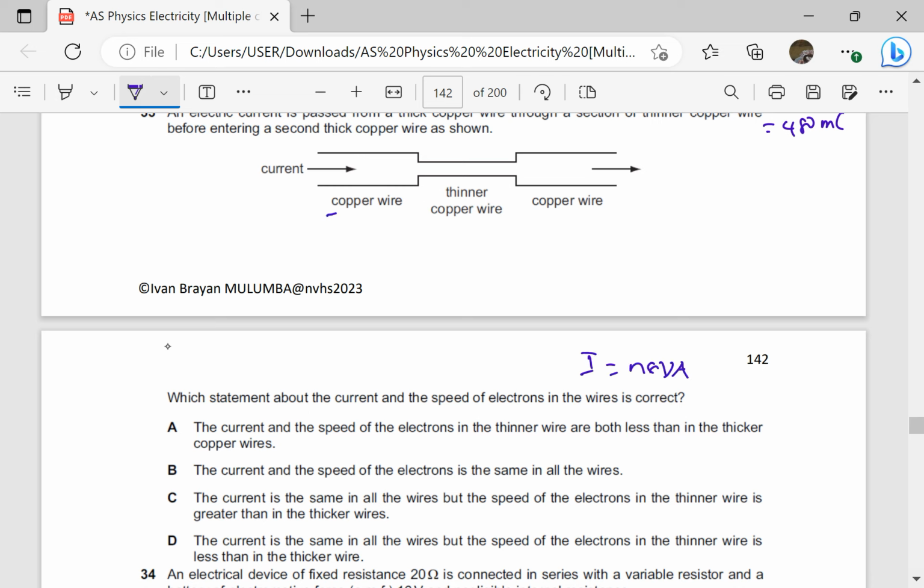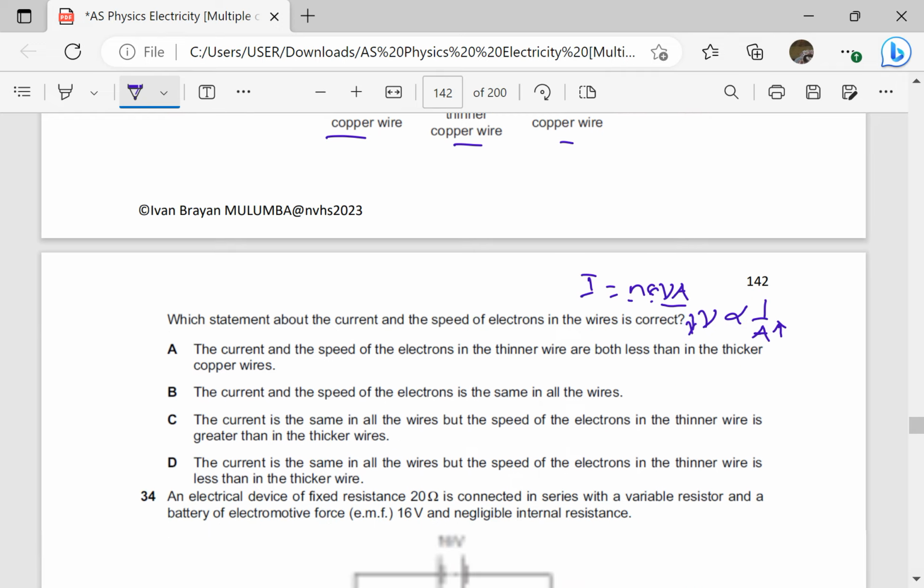Note that in these wires the current is constant, and n and e are constant, so it is only v which is varying with cross-sectional area. Since they are on the same side of the equation, v is inversely proportional to the cross-sectional area. If the wire is thicker, it has a greater cross-sectional area, therefore the drift velocity of the particle is going to be smaller.